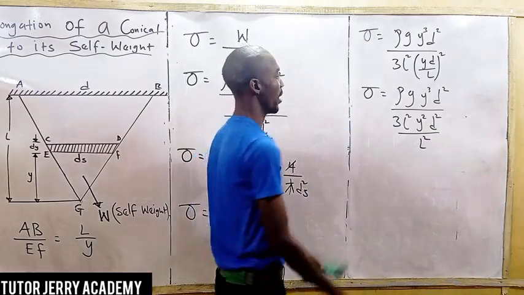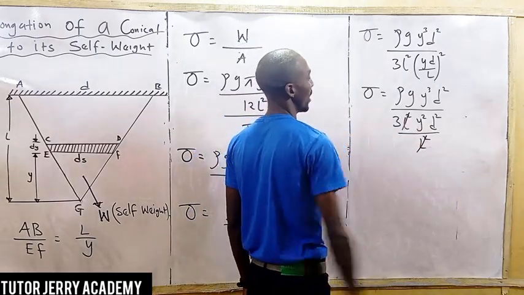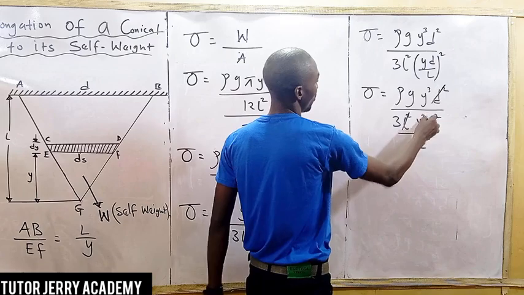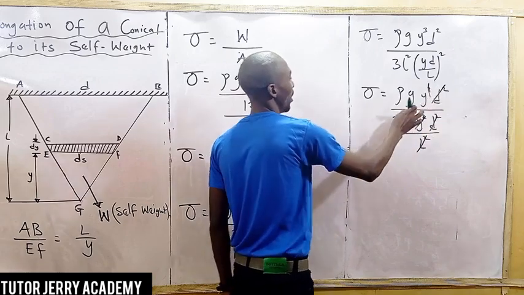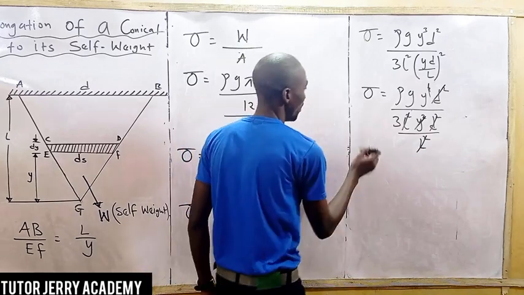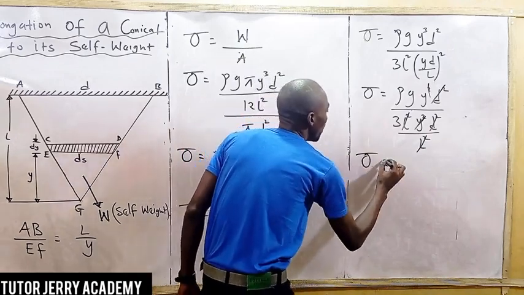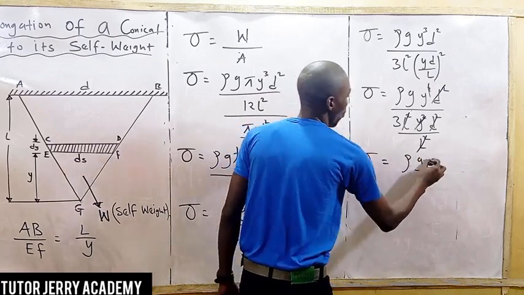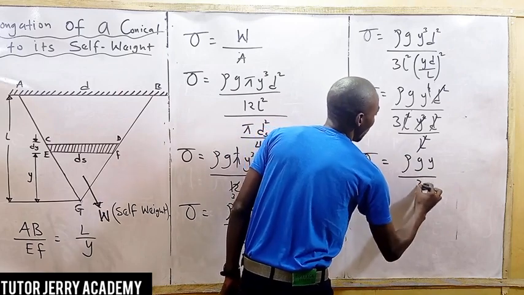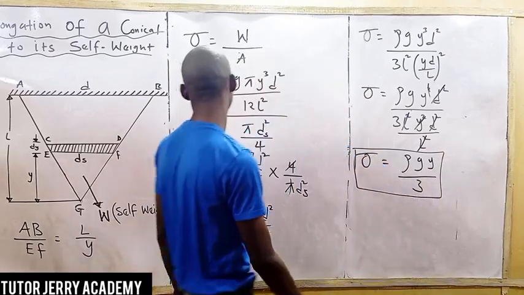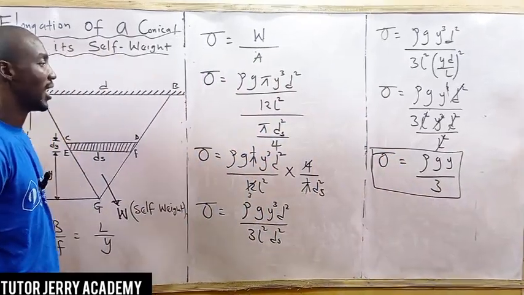Now you see that L square will go with L square, d square will go with d square, and this y square will go with two of the y cube that is here. Now we'll be left with stress equals to density, gravity, y all over 1, all over 3. So this is the stress in the differential element.